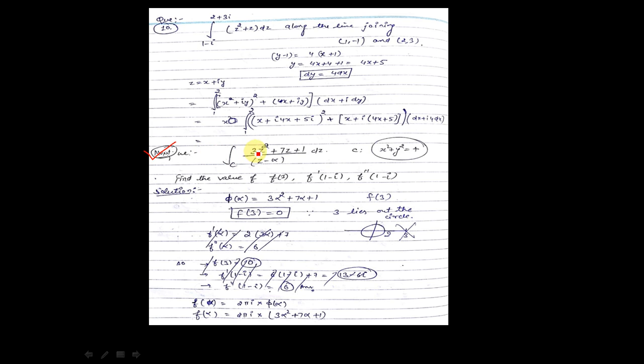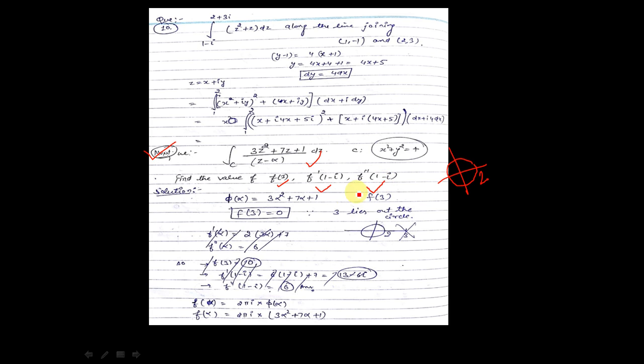The circle is x square plus y square equals 4, which means the radius is 2 units, and we have to find the value of f of 3. We have to calculate the first derivative at 1 minus i, and the value of the double derivative at 1 minus i. So we assume this function as phi of alpha, which becomes 3 alpha square plus 7 alpha plus 1.